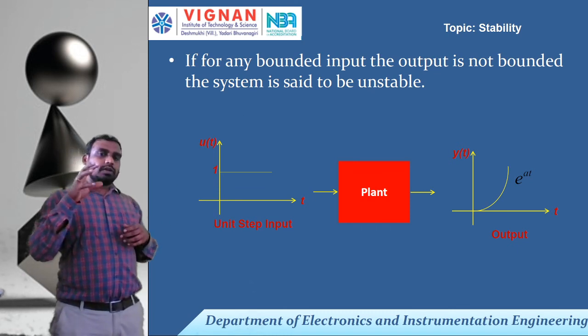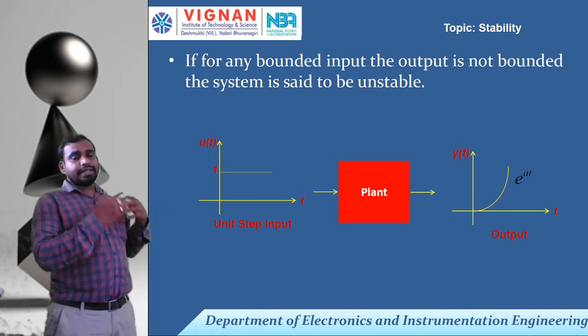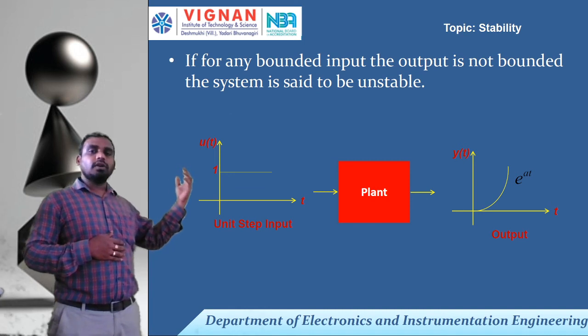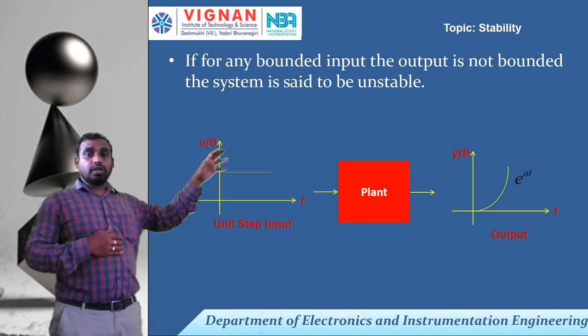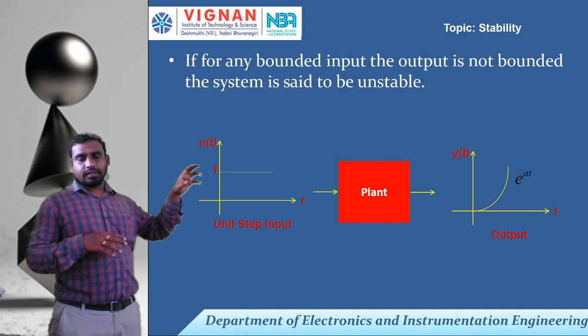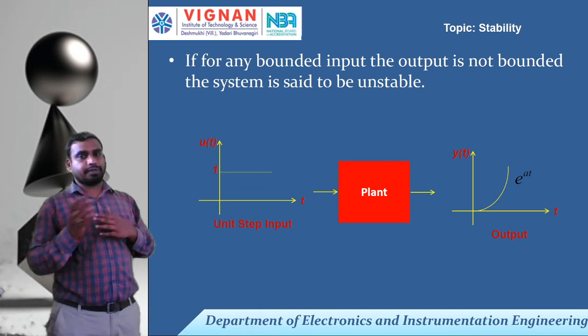Right? So if you are giving an external input to the system and you get a bounded output, that means the final value of the output is also within our region, and we should know the value of it. That means it is in our boundary. That is what we call a bounded output.